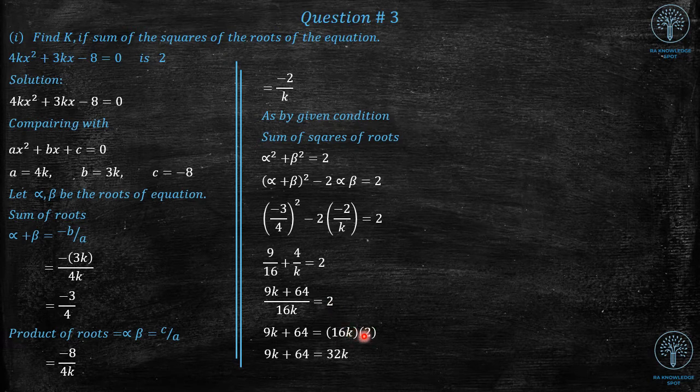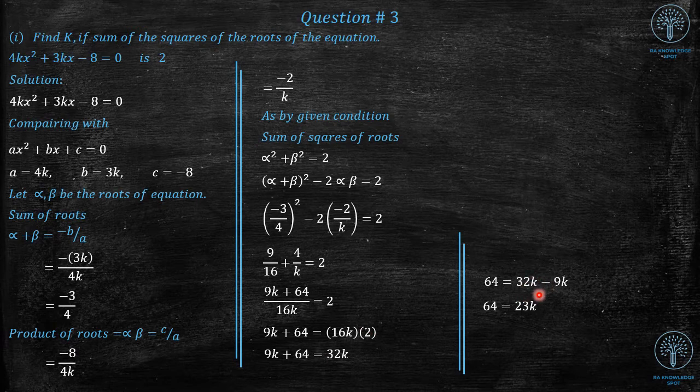Now 16 2s are 32k, then 64 will be as it is, and I'm going to shift 9k to the other side. If you want, you can keep 32 on this side and 64 on the other side. You can do whatever you like. There is no hard and fast rule to solve this.